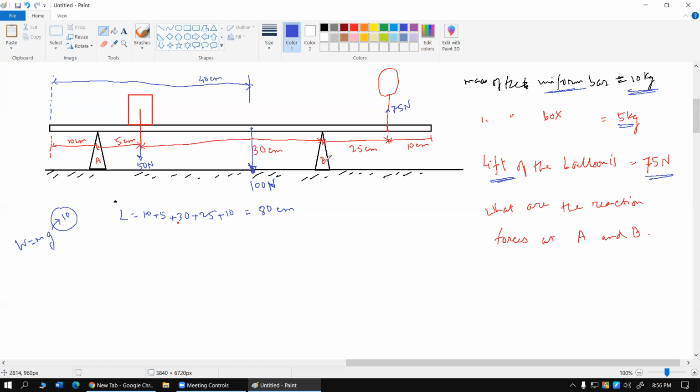But in the third law, the reaction of the supports will work upwards on the bar, so the bar's force on the support works downward. In this case the bar is applying the force, the downward force is experienced by the supports, and the reaction force is applied back from the supports onto the bar.